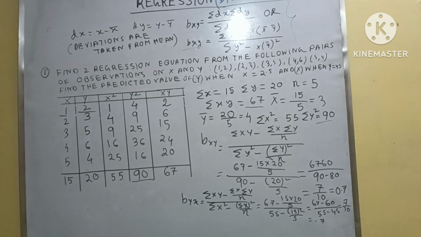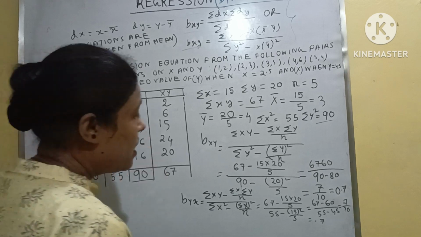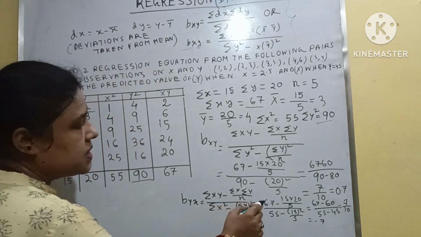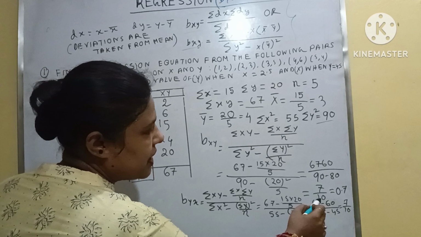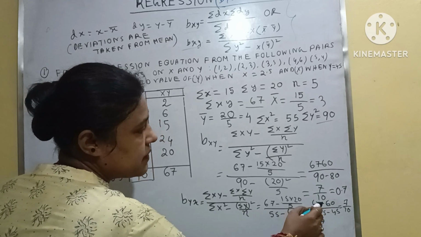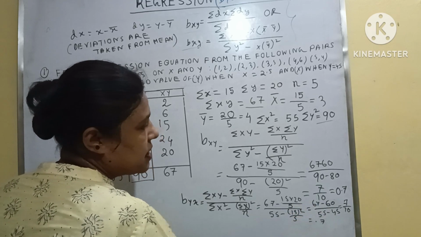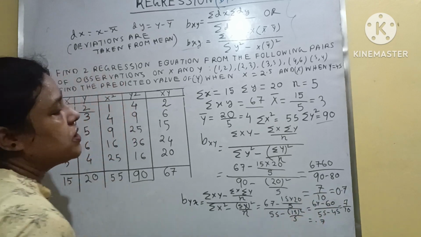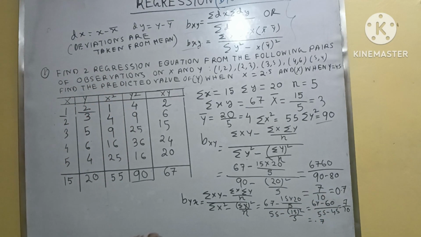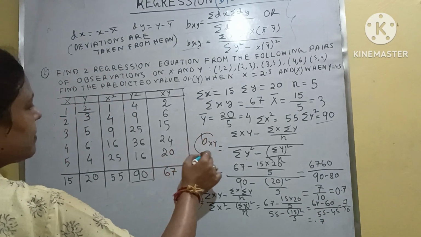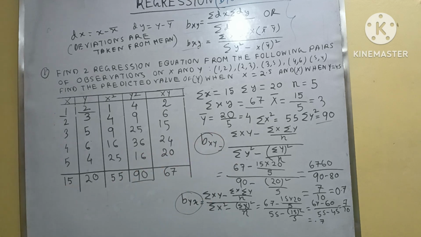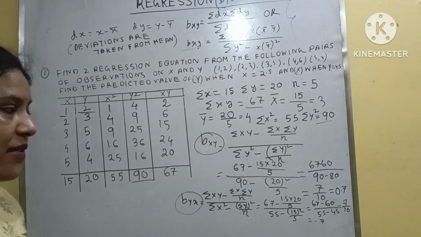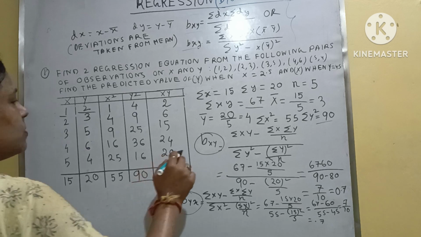Sorry, I was checking the values. Okay. So here 67 minus 15 into 20 by 5, after calculation we get 67 minus 60 and 55 minus 45, so 7 by 10, that means 0.7. So here the values of bxy and byx are the same, but it is not possible in every case.